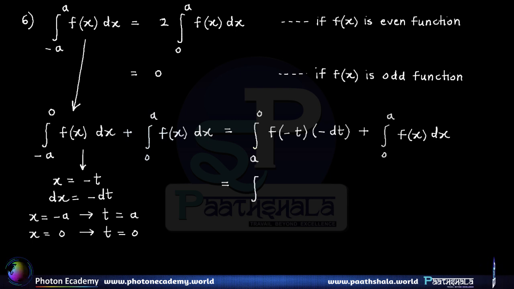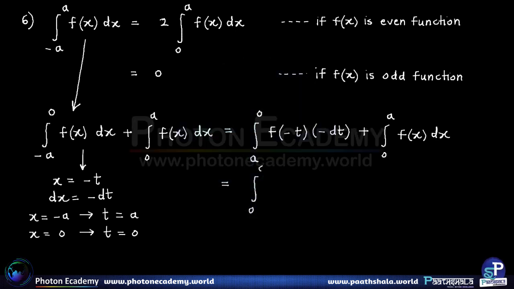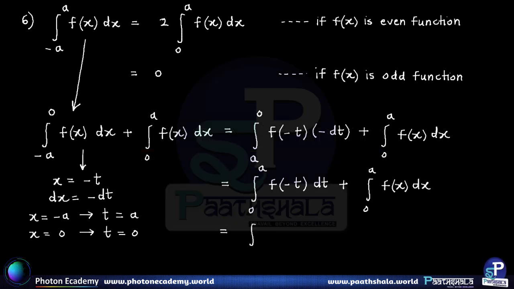So after removing the minus sign, we will write the limits as 0 to a, and here I have f of minus t dt plus here we have f of x dx integrated from 0 to a. Lastly, we are free to change the variable, that is instead of t I can very well write x, so that is f of minus x dx plus 0 to a f of x dx.